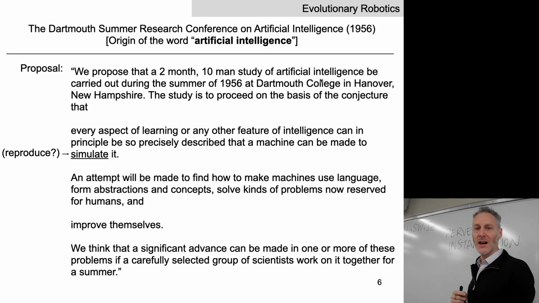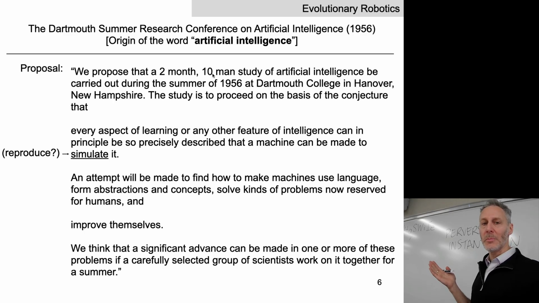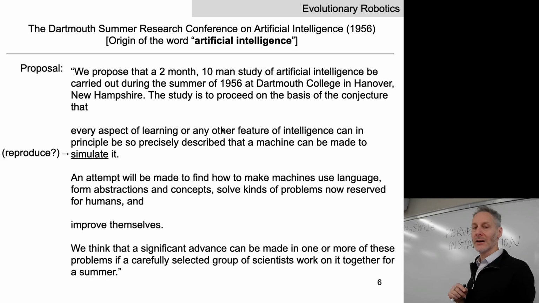This was the very first time this word was used. We proposed that us and our buddies are going to spend 2 months at Dartmouth to figure this out. What we're going to do is we're going to proceed on the basis of the following conjecture.